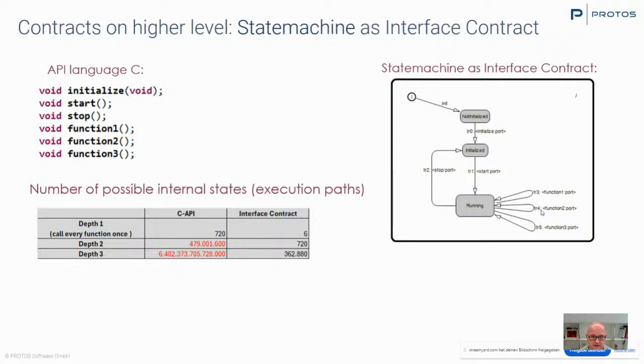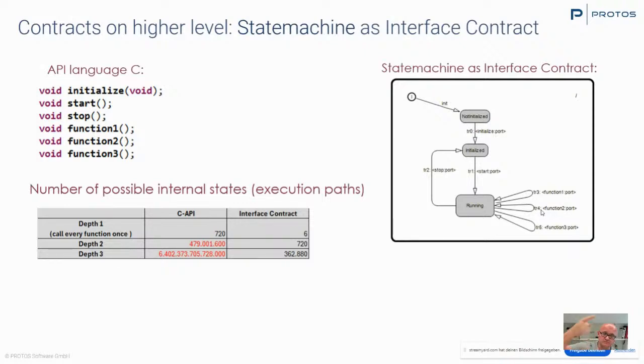So now let's have a look at the number of possible internal states, so execution paths, in your software. If you call any possible order for every function once, you already have 720 different orders just for those 6 functions, because it's the factorial function here. And with the interface contracts, you only have 6 different paths to call. Everything else is forbidden.